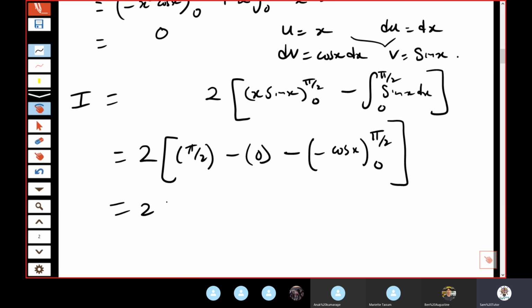2, don't expand yet. Pi on 2, minus, okay, now, big brackets. So big brackets even in here if you want. Negative cos 90. Cos 90 is 0, so negative cos 90, which is 0.